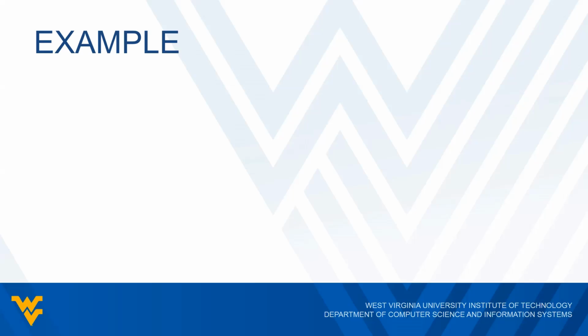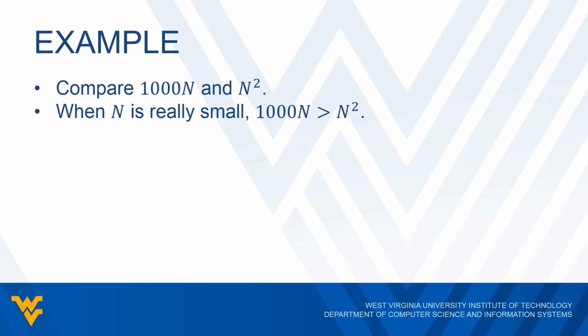Let's give an example here of using this big O notation and how it actually works. Let's say we want to compare two growth rates, where one of them is 1000 n and the other one is n squared. So clearly, when n is really small, 1000 n is going to be larger than n squared. For example, when n is 1, well, 1000 is going to be greater than 1, because 1 squared is 1.